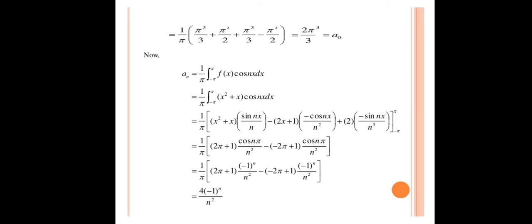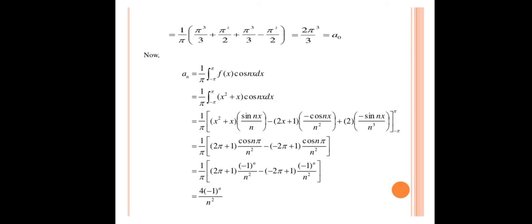Then the next term has a minus sign. Then the derivative of x square plus x, which is 2x plus 1, into the integration of sin nx, which is minus cos nx upon n square, plus 2 into minus sin nx divided by n cube, from minus pi to pi.